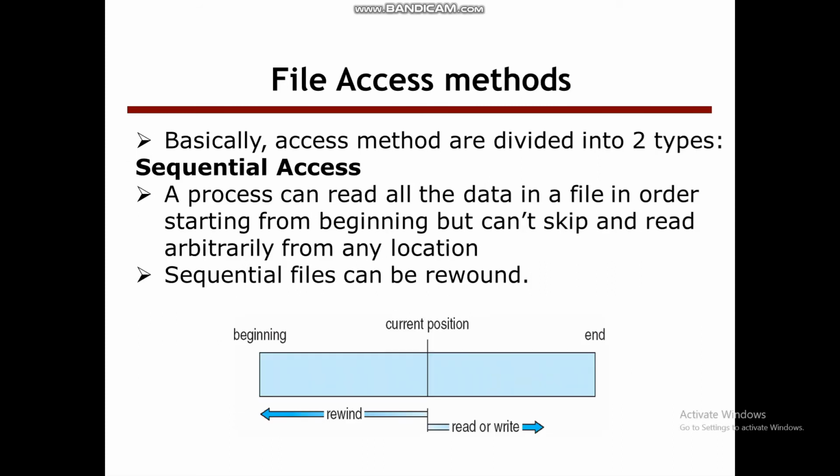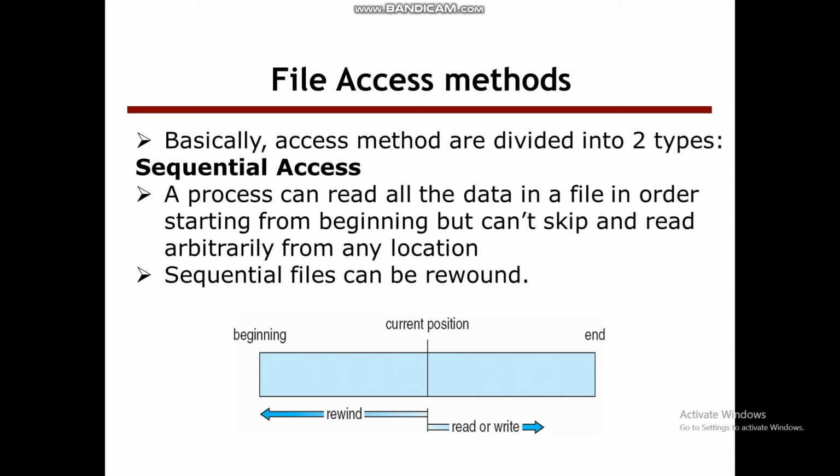A file stores information, and this information must be accessed and read into computer memory. Let's have a look at the file access methods. There are mainly two access mechanisms, sequential access and direct access. Sequential access is the simplest of all mechanisms. In sequential access, information in the file is processed in order, one record after the other.